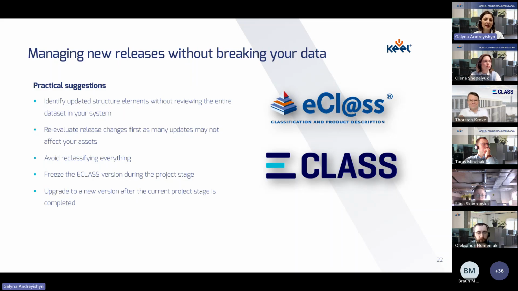If you are in the middle of an active classification project, it is recommended not to upgrade the release during execution. Of course, if it's a big project and it takes more than a couple of years, you can divide it into a couple of stages and not upgrade during an active stage.